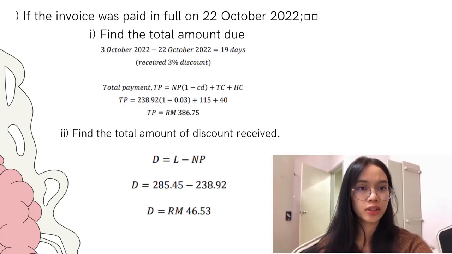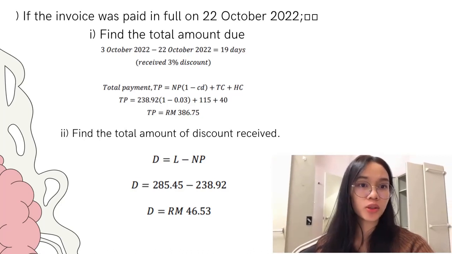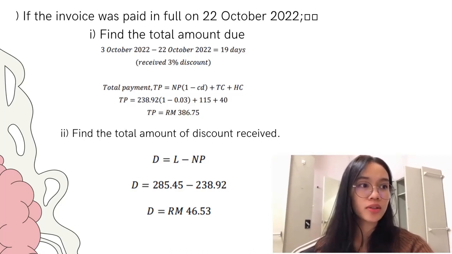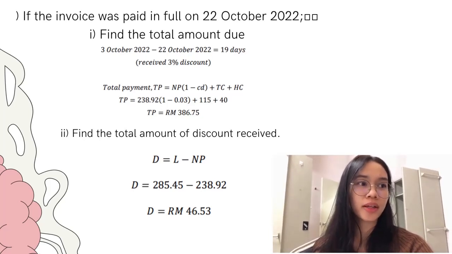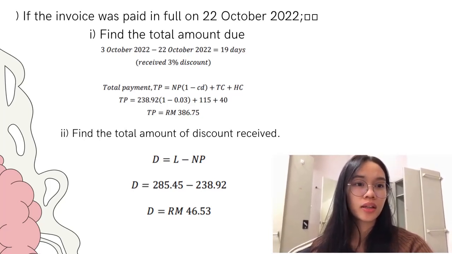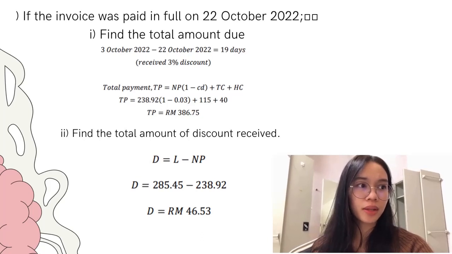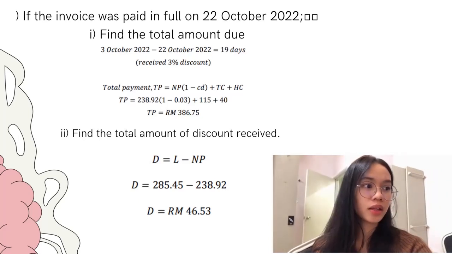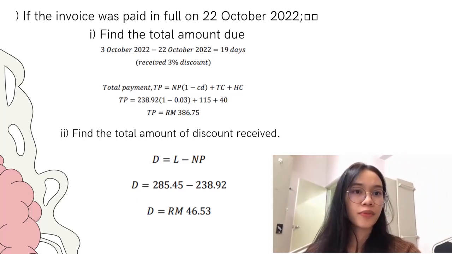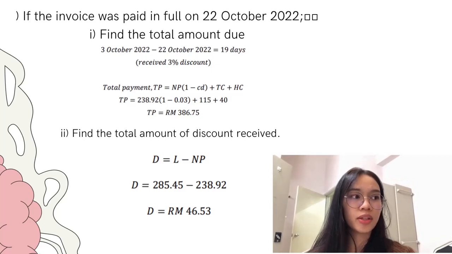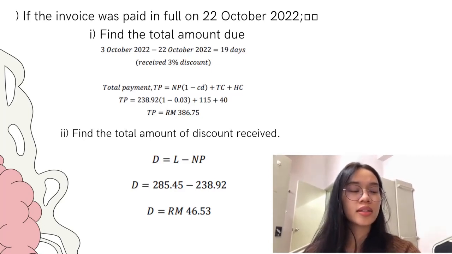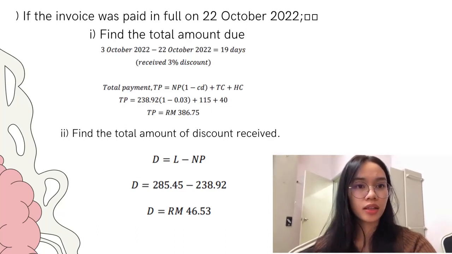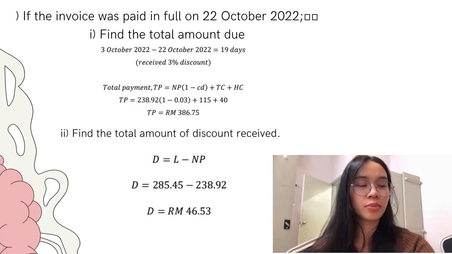Next, we have to find the total payment. The formula to find the total payment is total payment equals net price, bracket 1 minus cash discount, close bracket, plus transportation costs plus the handling charges. Before we solve this formula, we have to find the net price, the cash discount, the transportation cost, and the handling charges.